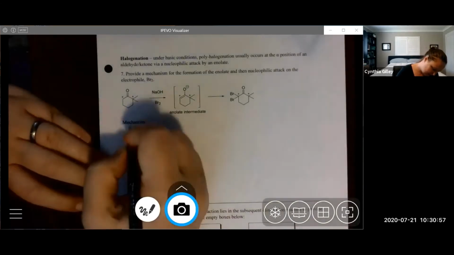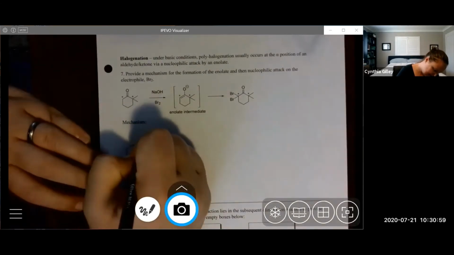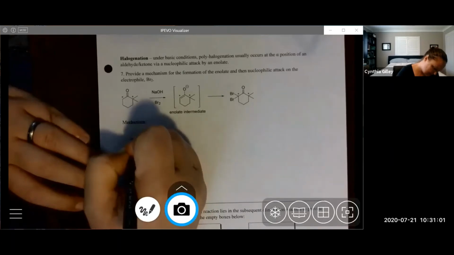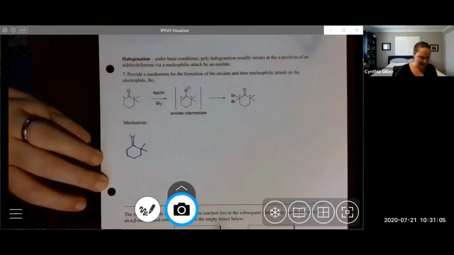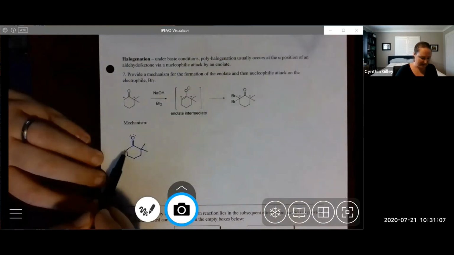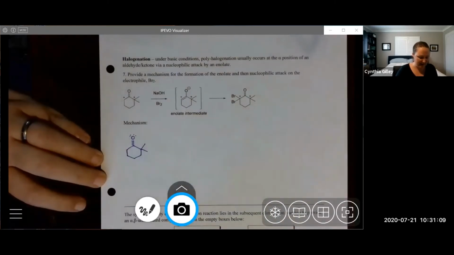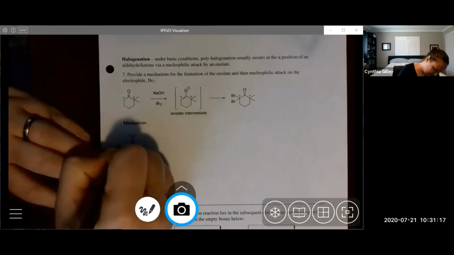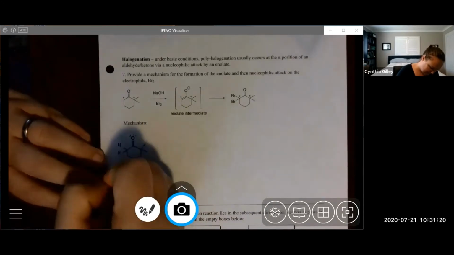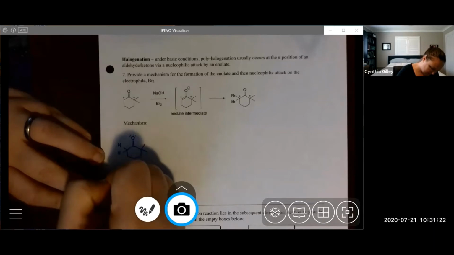Okay, so in this case, there's only one possible enolate, and that's because there's 2 hydrogens on the left, but 0 hydrogens on the right. So this alpha carbon doesn't have any hydrogens, so no way to deprotonate there, right? But we do have hydrogens on the left, right?